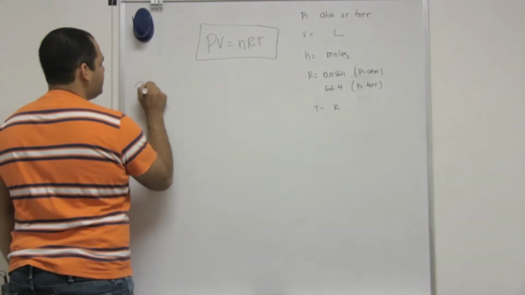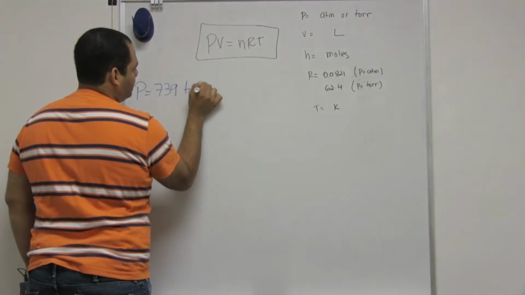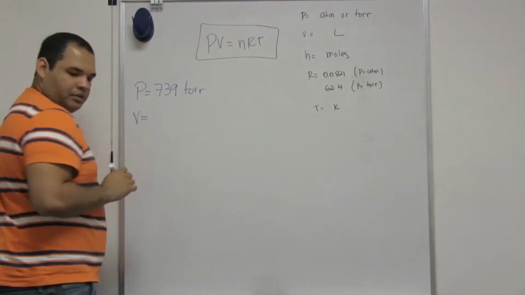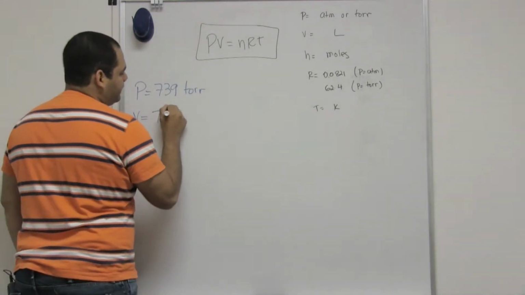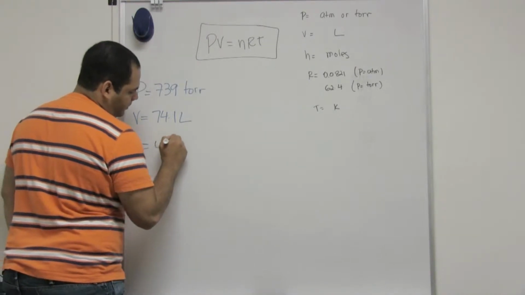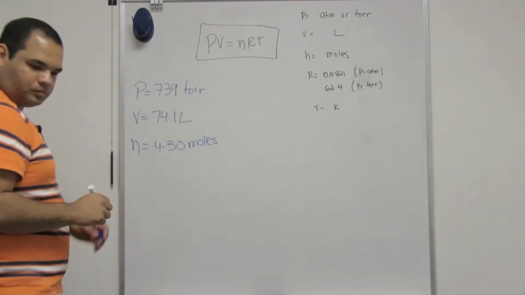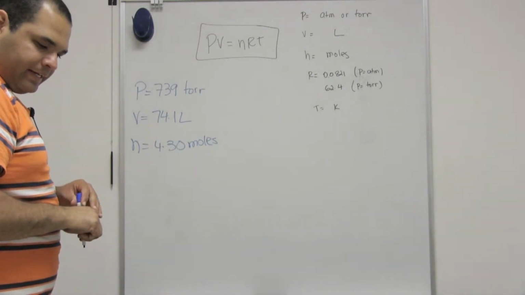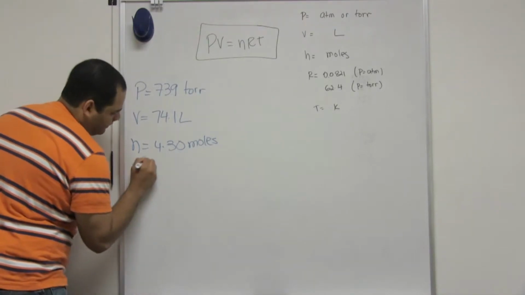Okay, so the pressure is equal to 739 torr. Volume is equal to 74.1 liters. Moles, 4.30 moles. And what is the T?